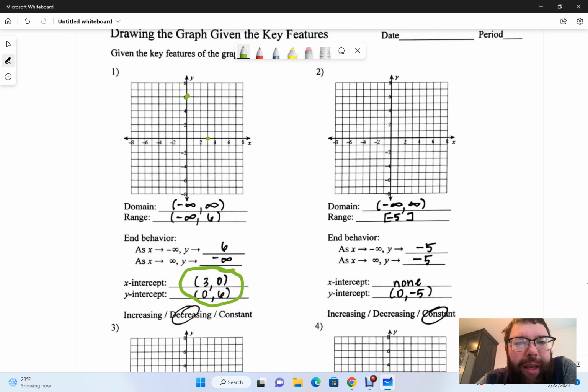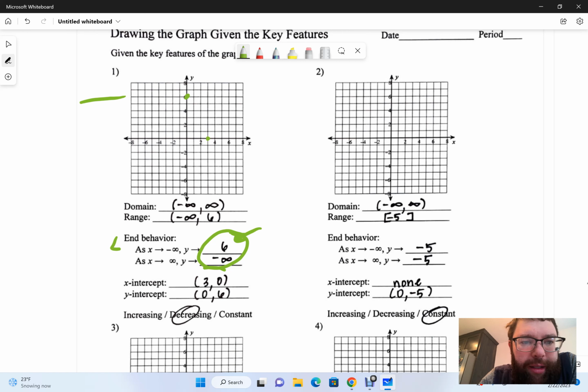Then I'm going to look at my end behaviors next. On those end behaviors, I see that when it goes left, it's going to go flat at 6. So I know it's going flat right here at 6.